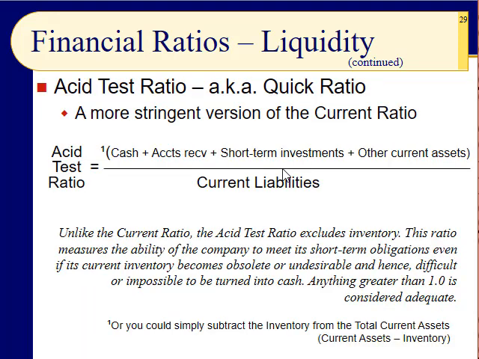Now the next one sounds kind of cool, right? Acid test ratio, or the quick ratio. Well, it's basically the current ratio, but this time what you do is you remove the inventory. So let's read together. Unlike the current ratio, the acid test ratio excludes inventory. Well, why?